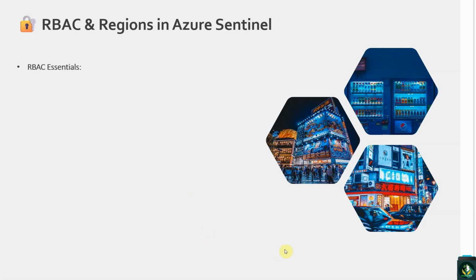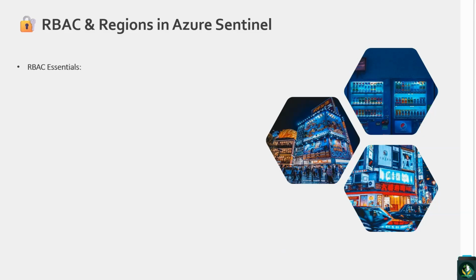Azure uses a system called RBAC, role-based access control, to manage who can access what and where. Think of RBAC as Azure's security gatekeeping system. Every resource, whether it's a resource group, a Log Analytics workspace, or Sentinel itself, is protected by this system.